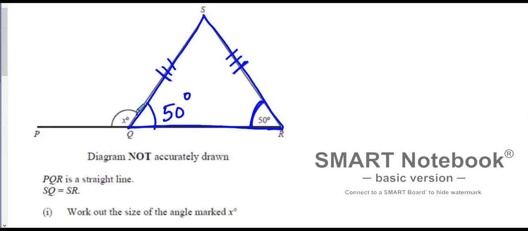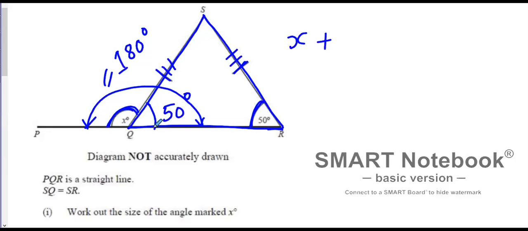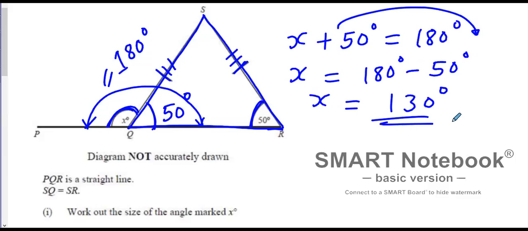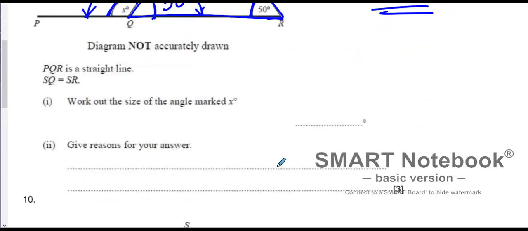Now, to find the value of the angle marked X, just use the concept that angles formed on a straight line add up to 180 degrees, meaning that angle X plus 50 degrees will be equal to 180 degrees. This will give you 180 degrees minus 50 degrees, and therefore X will be 130 degrees. So the answer is 130 degrees.